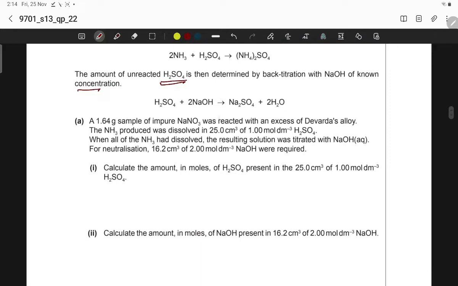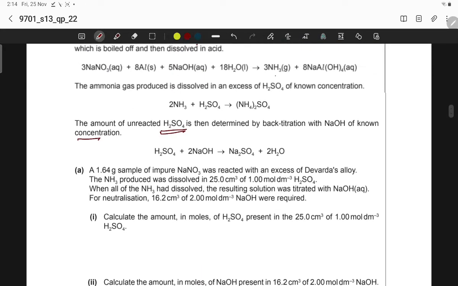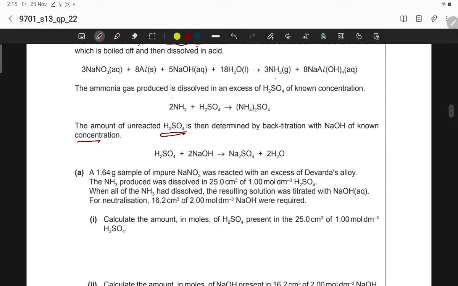Sulfuric acid plus sodium hydroxide. Again, this is sulfuric acid of known excess. This salt is further treated with sodium hydroxide of known concentration.